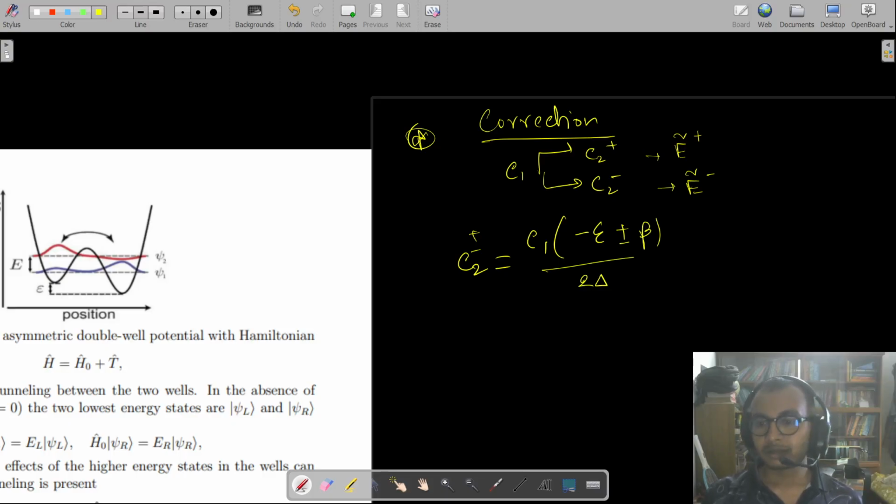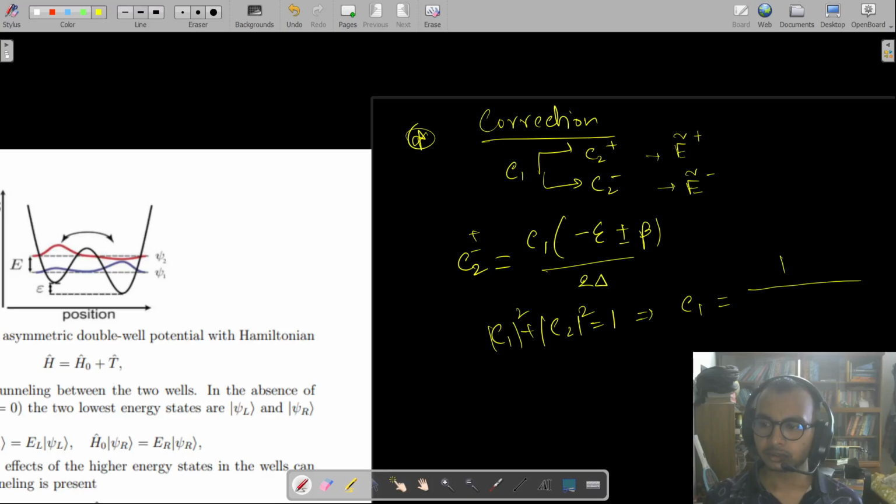Now we had another condition, that the mod square of C1 plus the mod square of C2 have to add up to 1. If you do that, you'll find that C1 has two different values, C1 equals 1 over the square root of 1 plus (epsilon plus minus beta divided by 2 delta) squared.